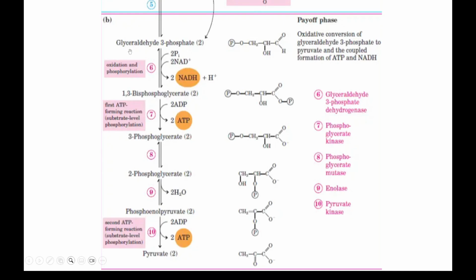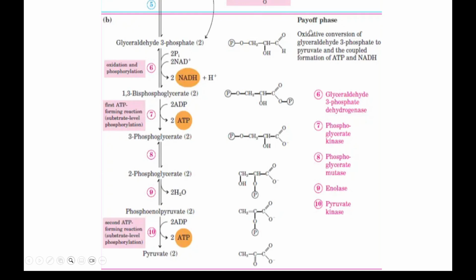Now all these reactions are showing, so this 2 refers to, because one 3-carbon substrate, another 3-carbon substrate, when both of them are subsequently metabolized, then you ultimately have a total of 2 molecules which are getting used up or released, either way.